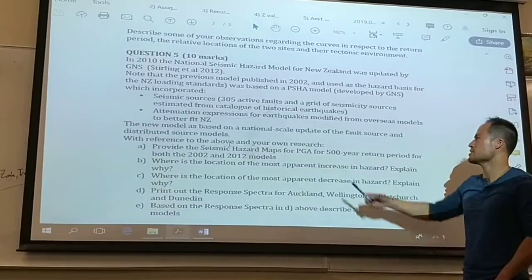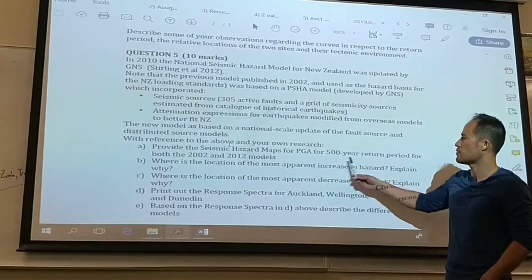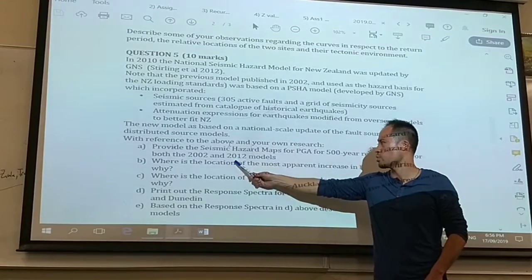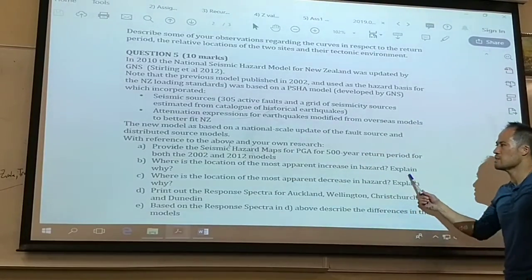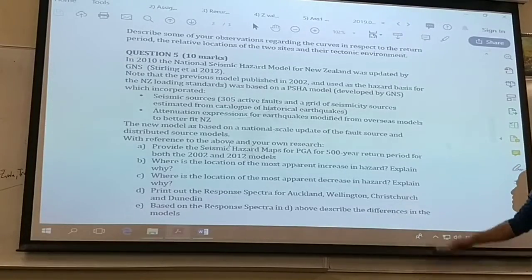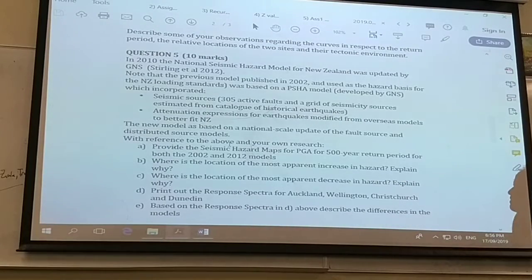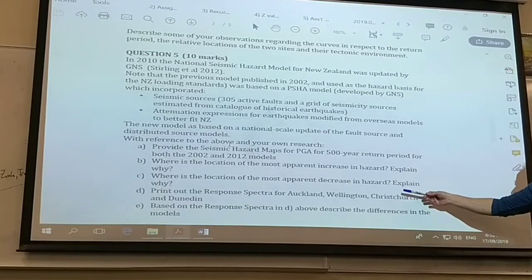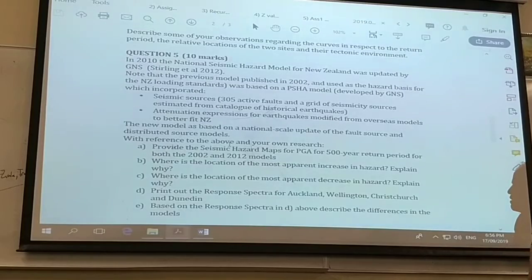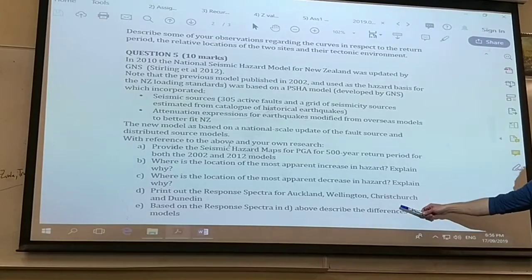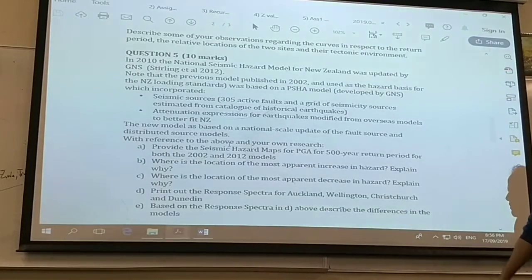You can provide the seismic hazard maps for both the 2002 and 2012 models and answer some of these questions. Between the two models, where is the location with the most apparent increase in hazard? Where is the location with the most apparent decrease in hazard? You can print out the response spectra for these locations and describe the difference in the models.